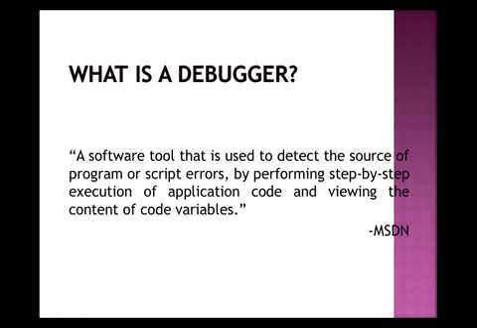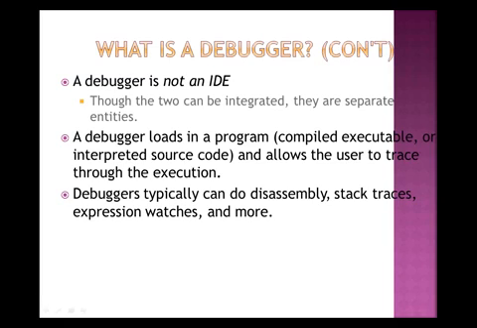Then we have studied what a debugger is. A debugger is a software tool that is used to detect the source of a program or script error by performing step-by-step execution of the application program and viewing the contents of the code variables.